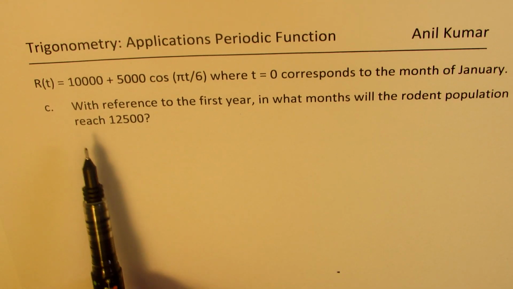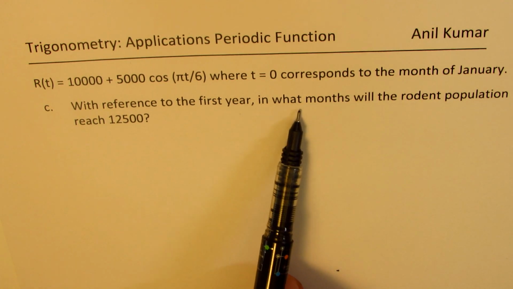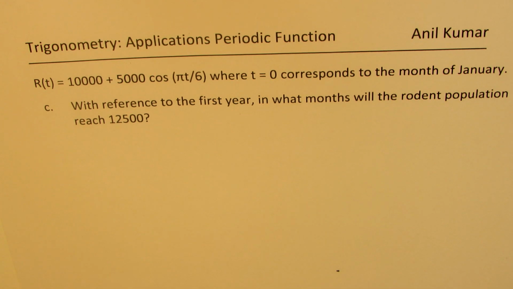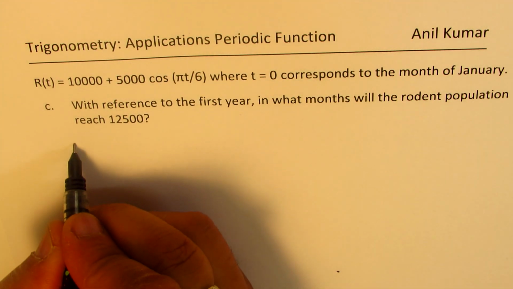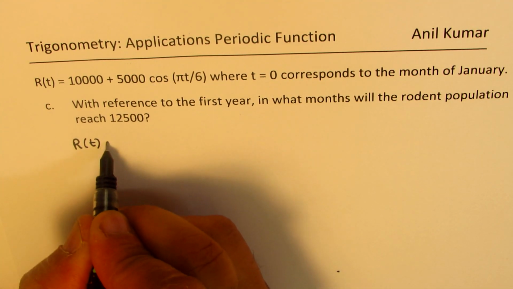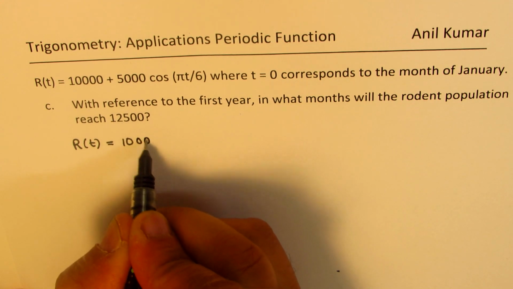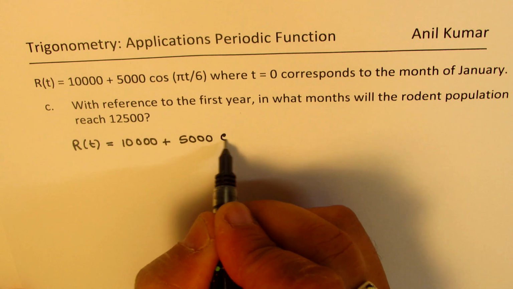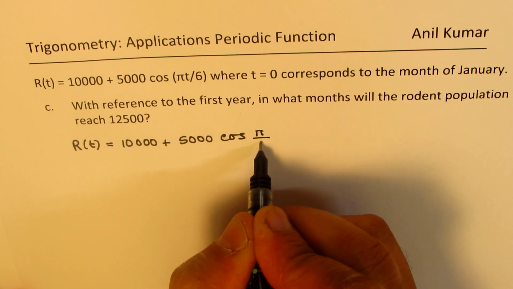In part C, we want to find in what months the rodent population will reach 12,500. So let's rewrite the equation, which is rodent population is 10,000 plus 5,000 cos of pi t by 6.